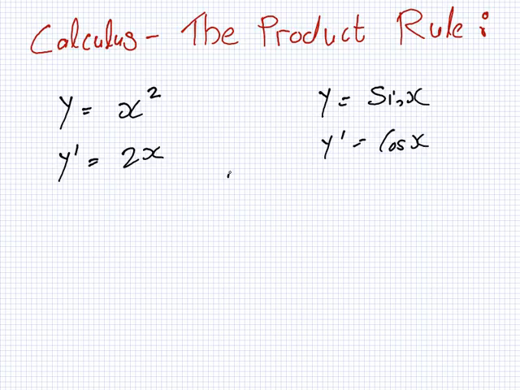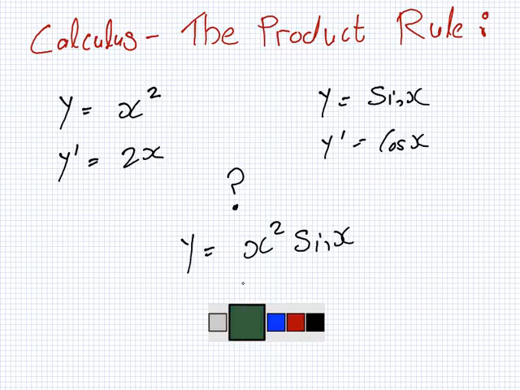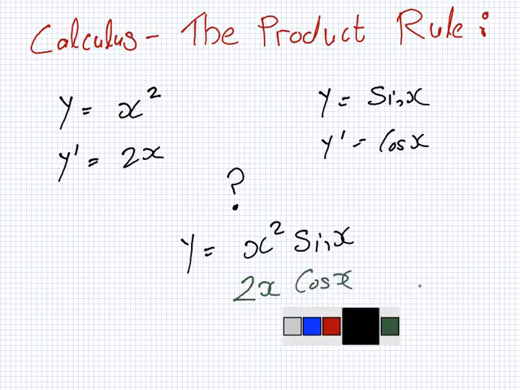But what about if I said y equals x squared sine x? Yeah, we might think it's 2x cos x, and if you think that, you would be wrong. Yes, it's not this. Some of you know this already. It's not as simple as this.